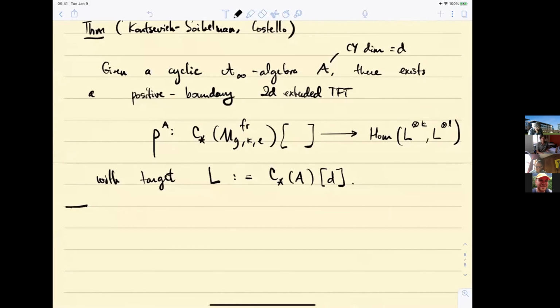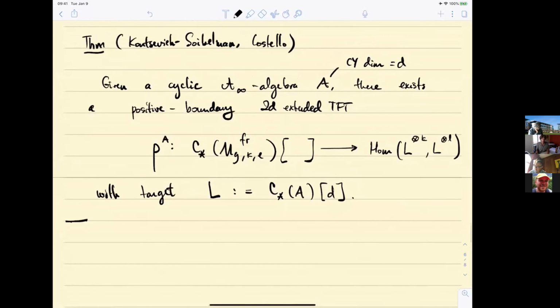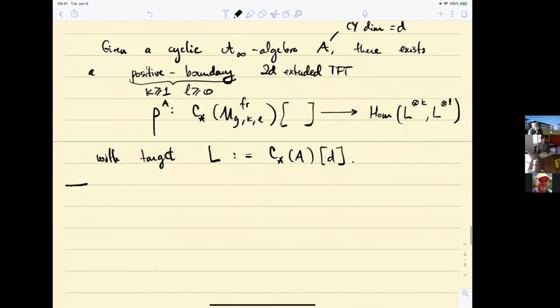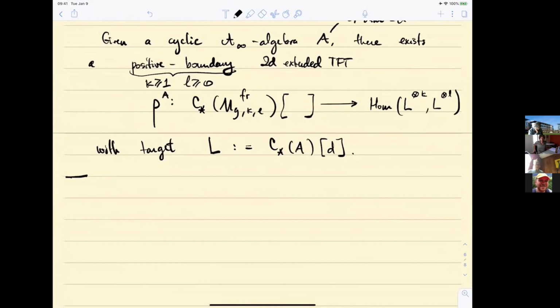So, okay, let me try to explain. Positive boundary means exactly what you just said: K greater than or equal to 1, L greater than or equal to 0. Perhaps the audience knows a little bit more, and I don't need to go into the very simplest case. The main point is this: what's a field theory?